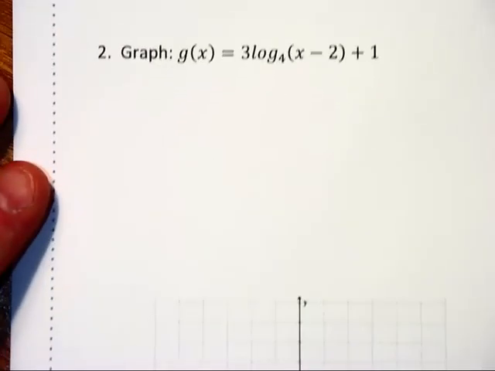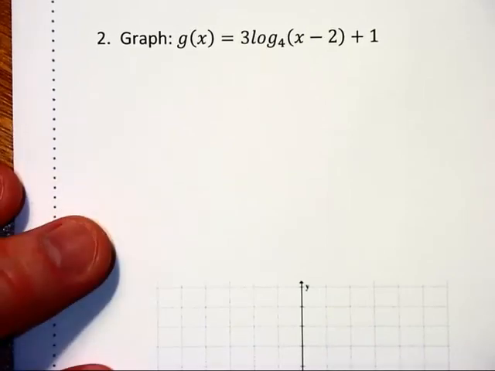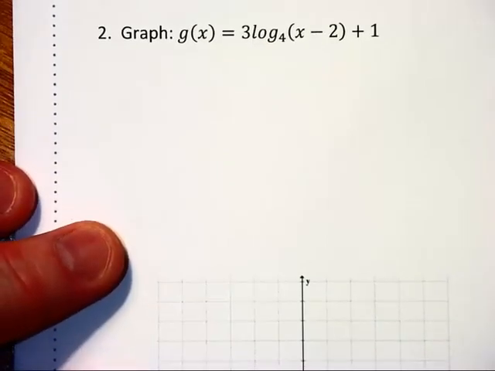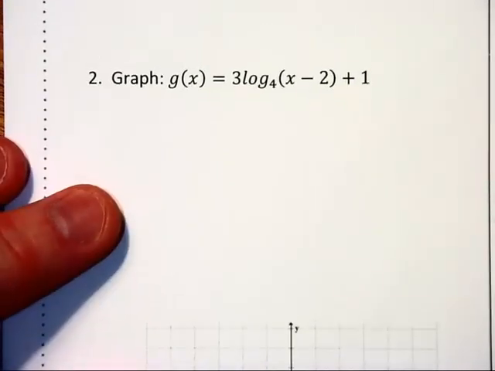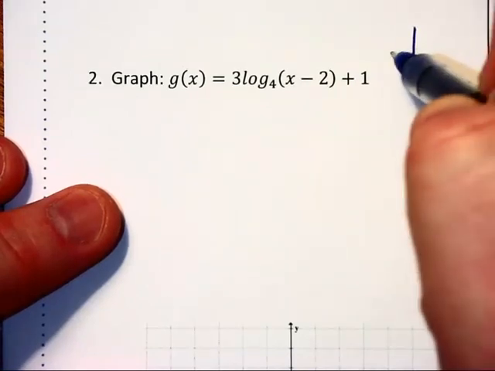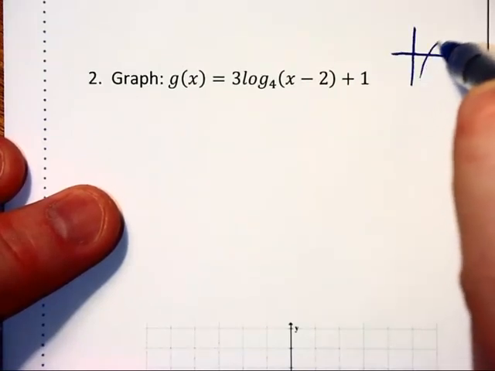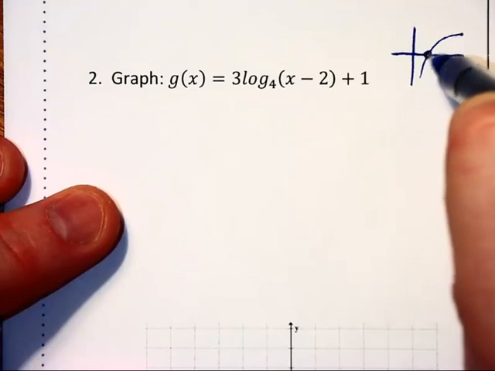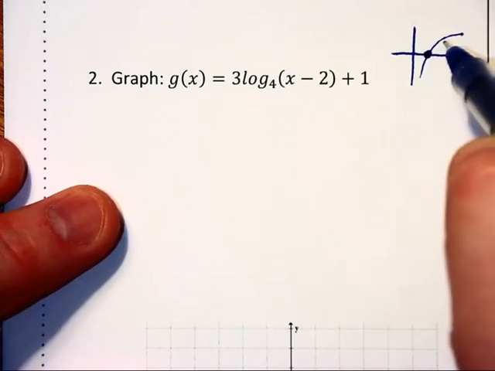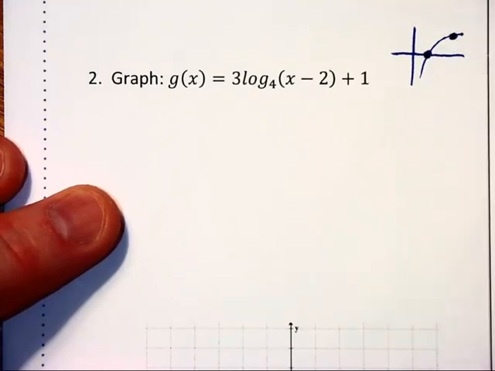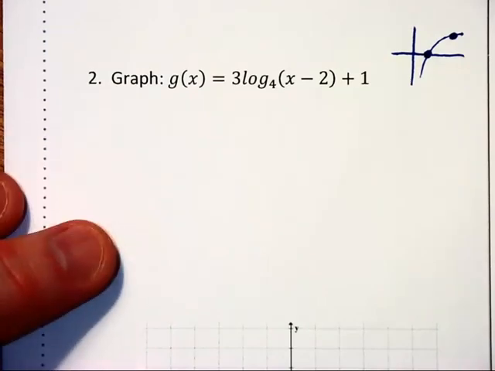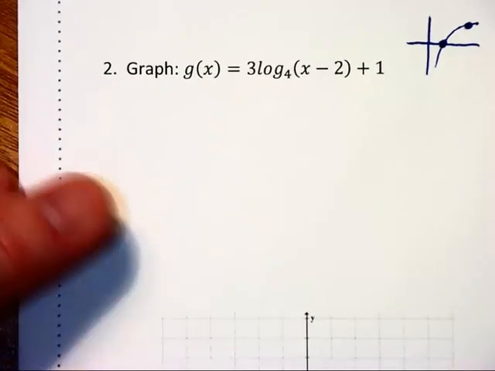Okay, let's move on to this next problem that asks us to graph this logarithmic equation. If you remember, logarithmic equations generally have this shape here. They go through the point 1, 0 as well as 1 comma base. Or base comma 1, I should say. So here we go.